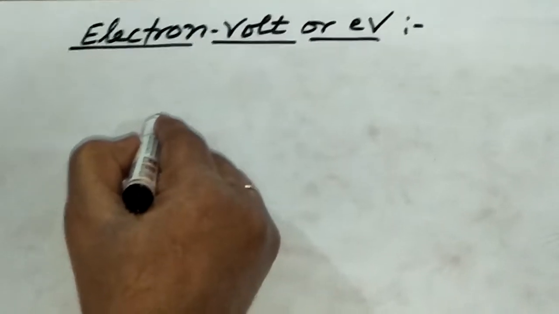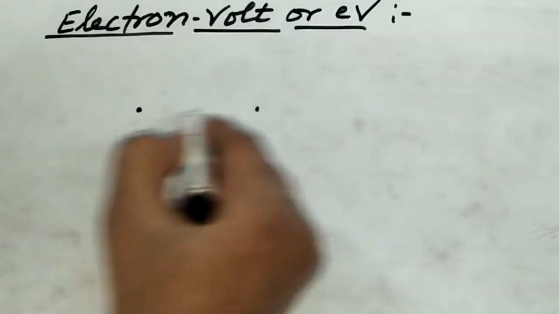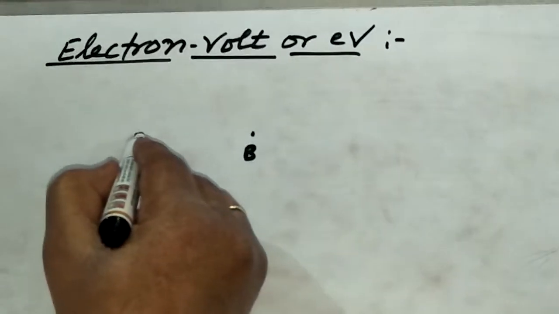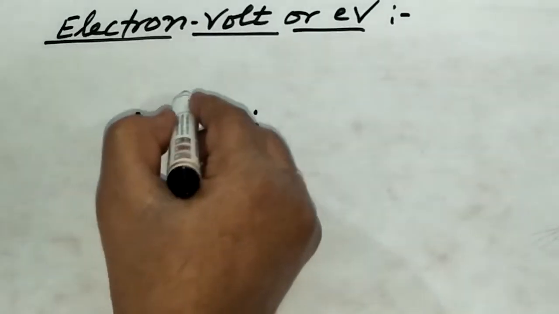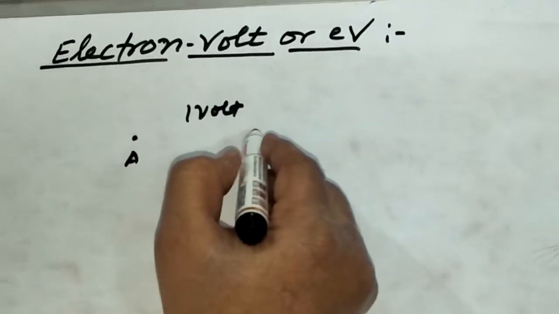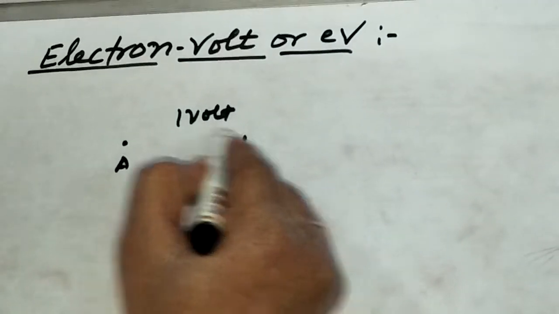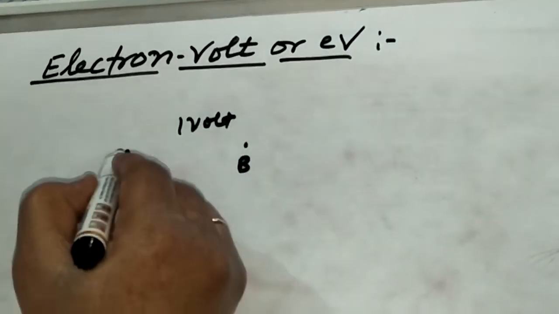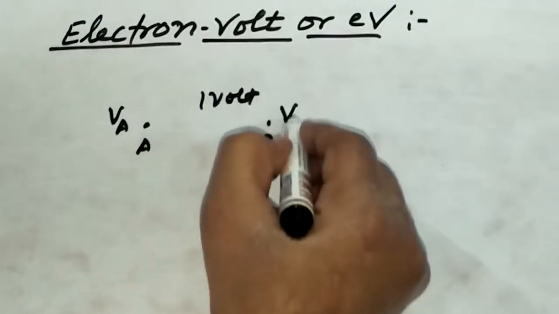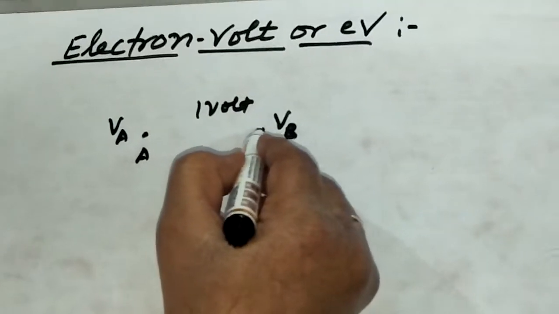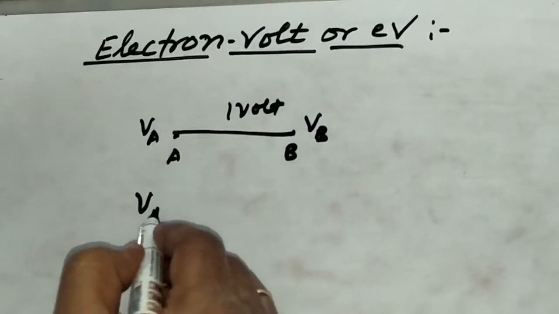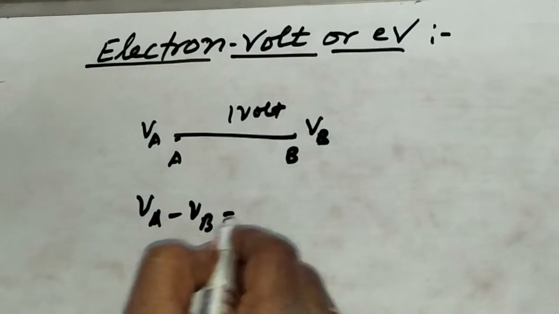It means, suppose A and B are 2 points and the potential difference between A and B is 1 volt. When an electron is taken from one point to the other, suppose the potential at point A is VA, the potential at point B is VB, and the potential difference from B to A, that is final VA minus VB, is equal to 1 volt.